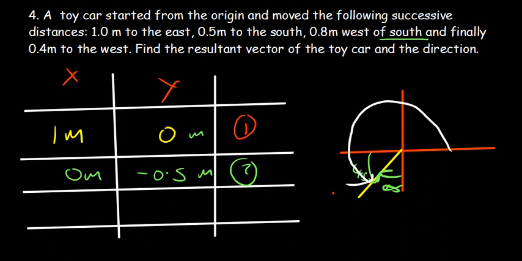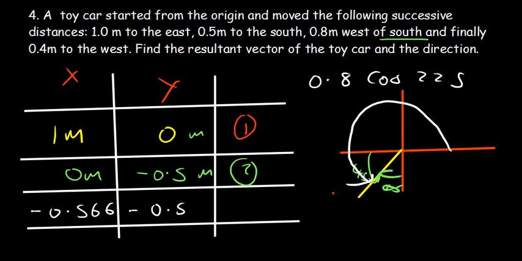So the x component is going to be 0.8 cos 225, so negative 0.566. For y, 0.8 sine 225, which is also negative 0.566.